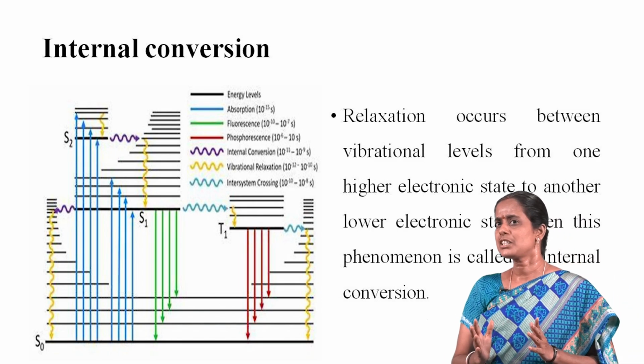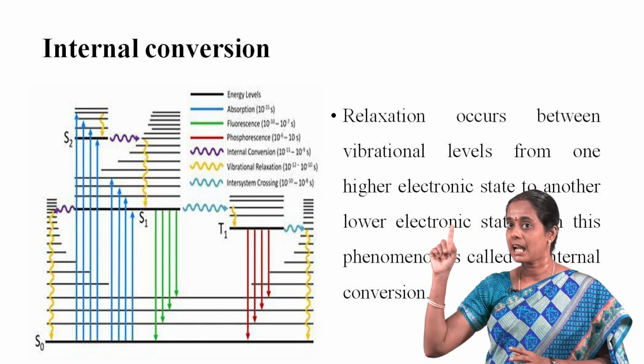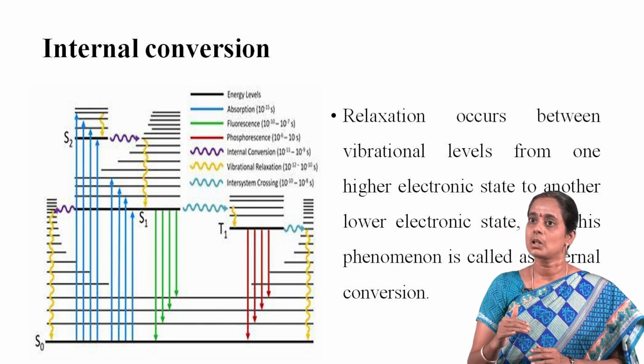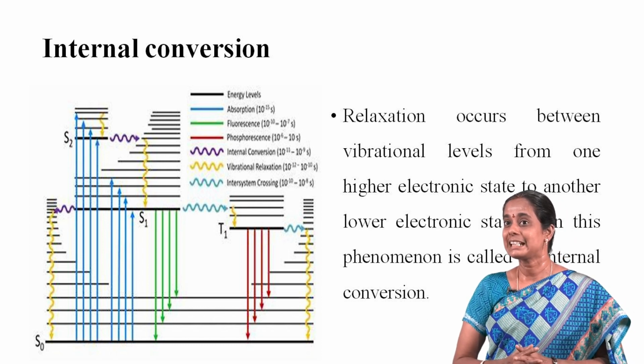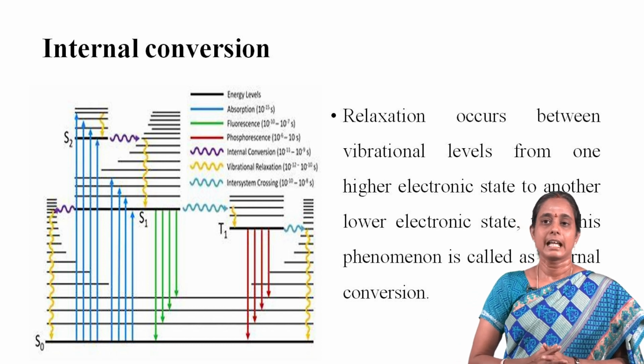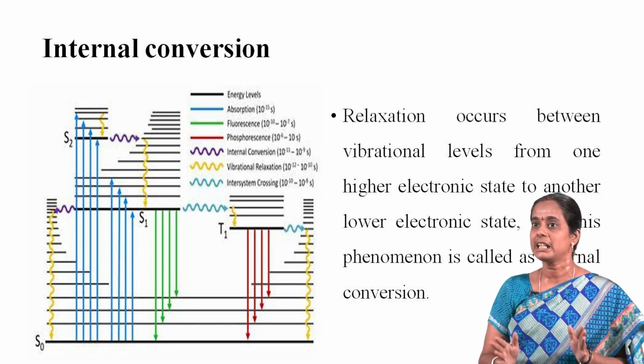If relaxation occurs between vibrational levels from one higher electronic state to another lower electronic state, this phenomenon is known as internal conversion. In this process, energy is lost in the form of heat.